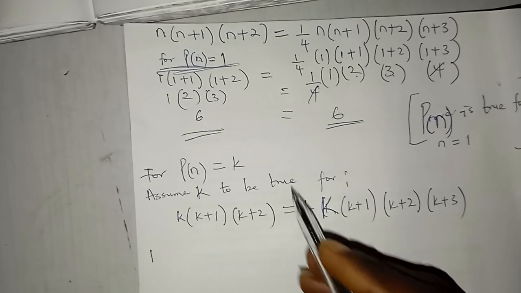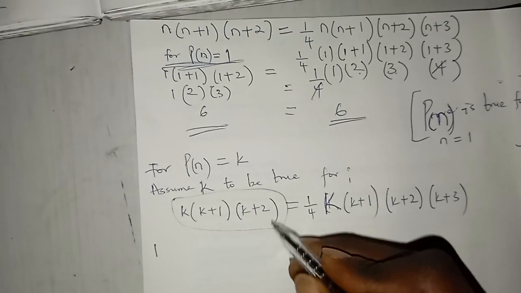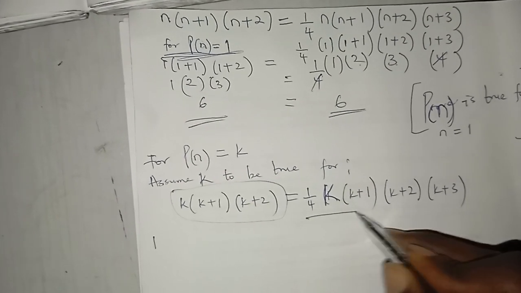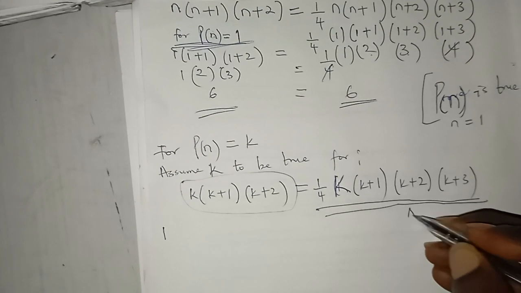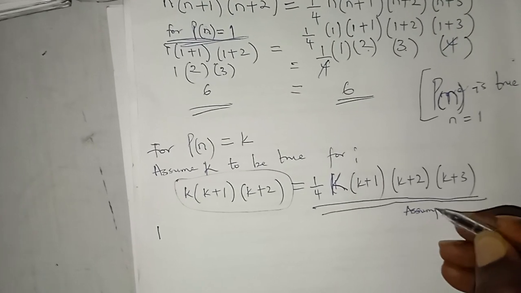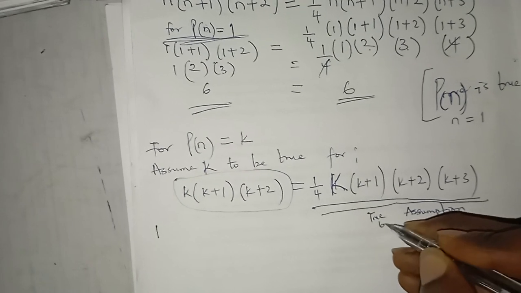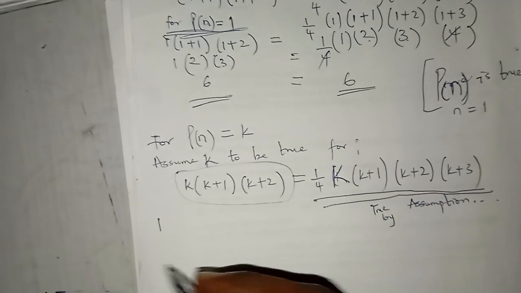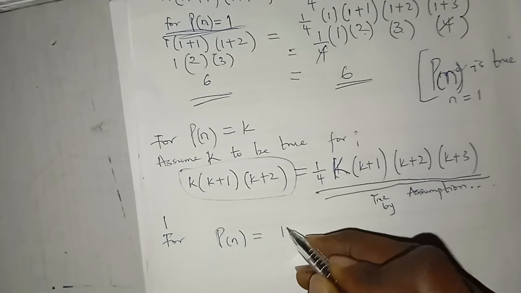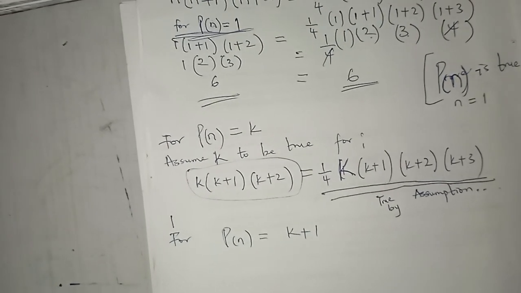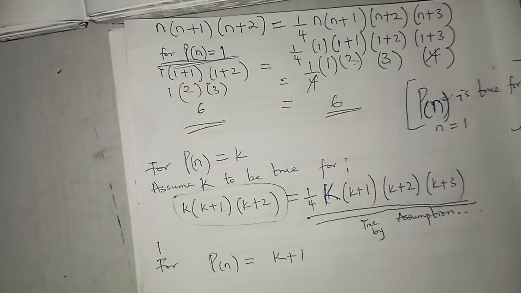But notice, everything about my P of k, this thing now, is the P of k value. And I'm saying that is equal to what I have here. And I'm assuming it true. So by assumption, I'm assuming it true. So now for P of n equals to k plus 1, I'll simply go anywhere I see n, I put k plus 1.